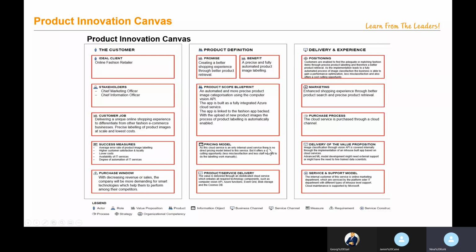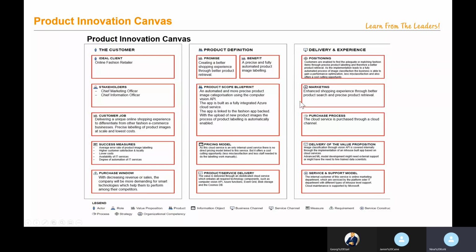Having a look at the pricing model, as this cloud service is an internal-use-only service, there's no direct pricing model linked to the service and to your customer, but it offers you a cost-cutting opportunity through less misclassification and less staff needed to do the labeling work manually. And how it is delivered, we can see on the left-hand side, and the experience. We have the positioning and the marketing.